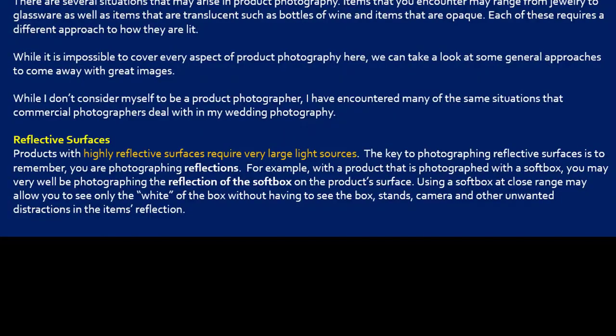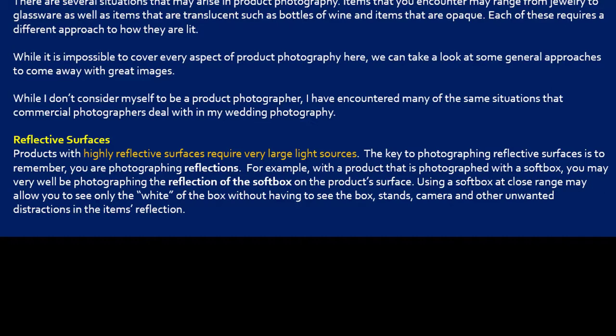The goal with that big broad light source is to take what would be a really specular highlight and spread it out over a much larger area, which helps us define the shape and form of that product. It's sort of obvious, but let's talk about it.